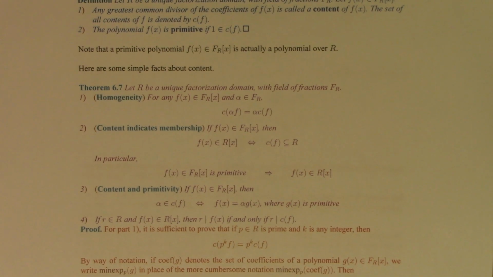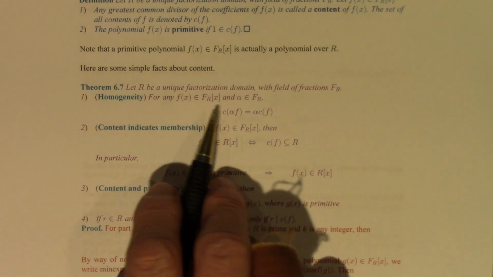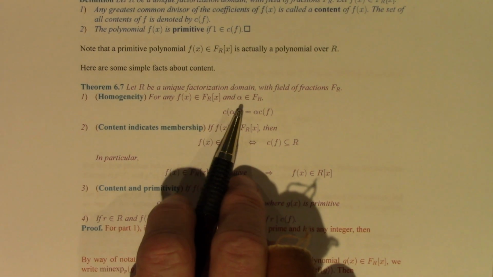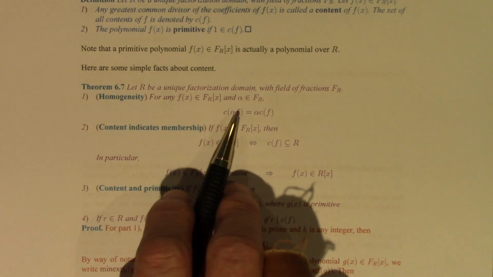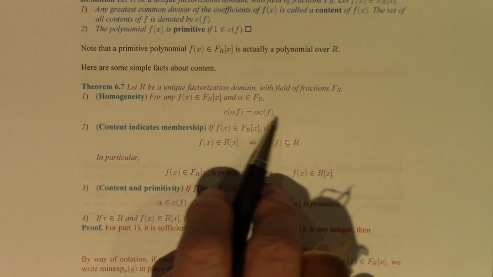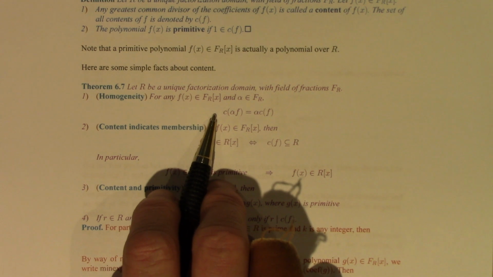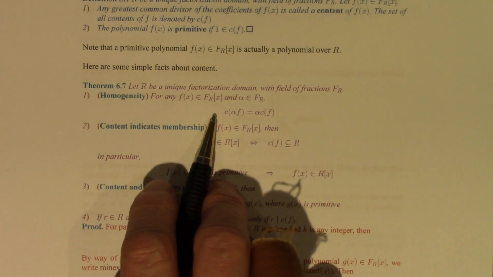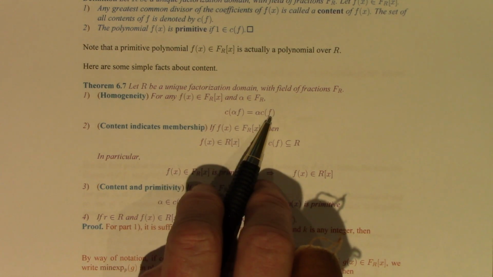Here are some simple properties of content. Homogeneity: for any polynomial f and any element alpha of the field of fractions, the content of alpha f is alpha times the content of f. So you can pull an element of the field of fractions outside the content sign.